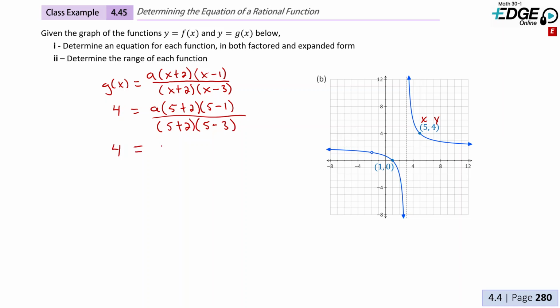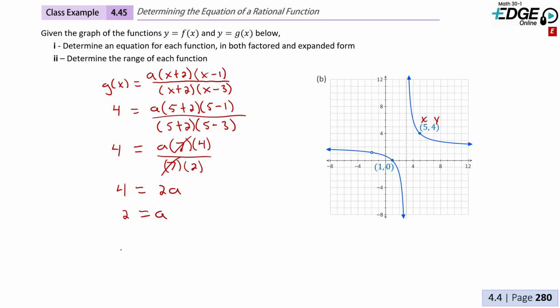This is 4 is equal to a times 7 times 4 over 7 times 2. The reason I wrote it out this way is because you can see this will happen quite often, actually all the time on these ones where there was a point of discontinuity, those 7s would cancel with each other. Okay, so then we have 4 is equal to 4 over 2, or just 2a. So then a is equal to 2.